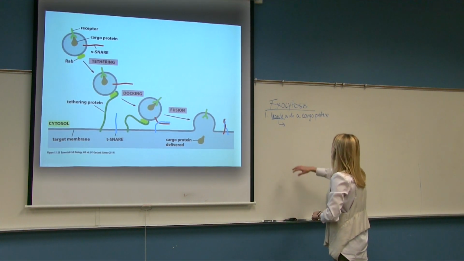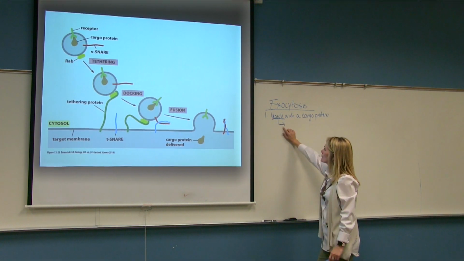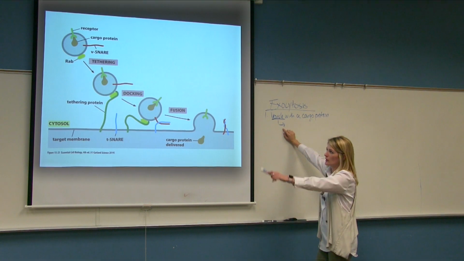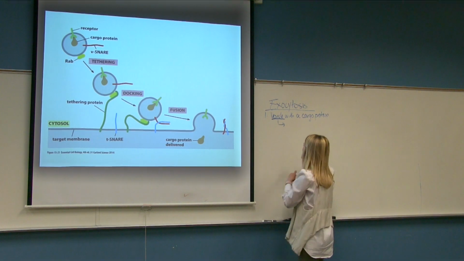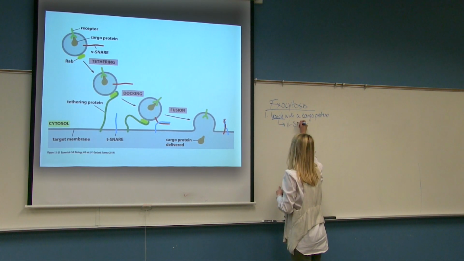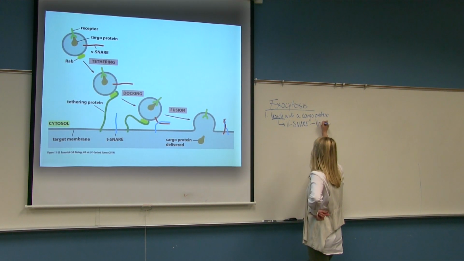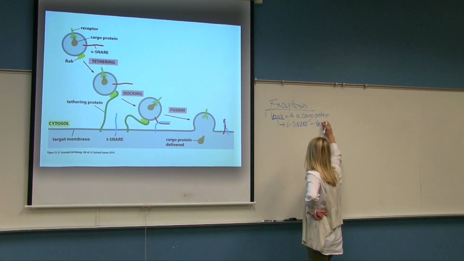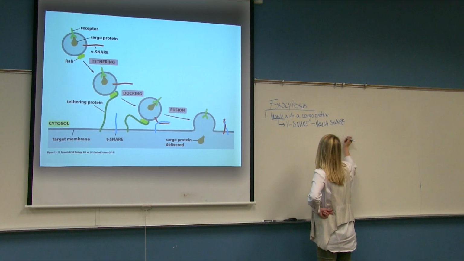So, if we have our vesicle with our cargo protein, our vesicle has attached to it 2 major components. It has first and foremost what is known as a V-snare. We're going to come back to our snare complexes in just 1 second, but basically all this term is a vesicle snare protein.